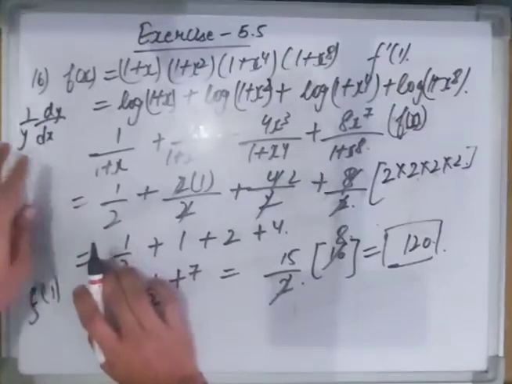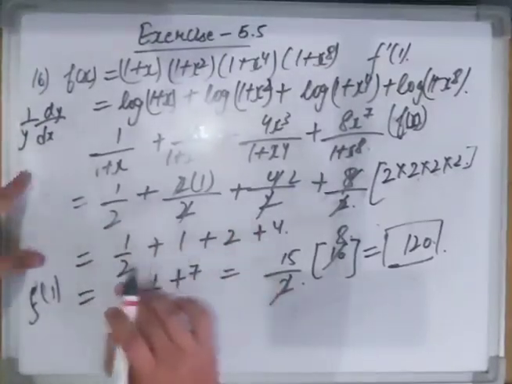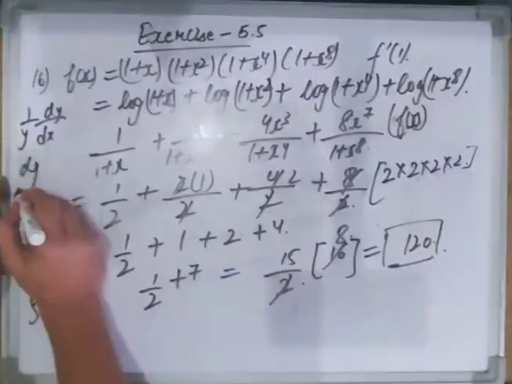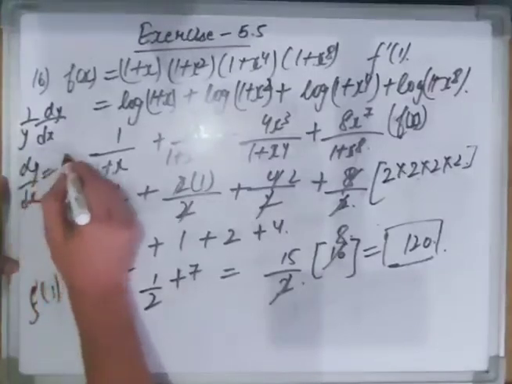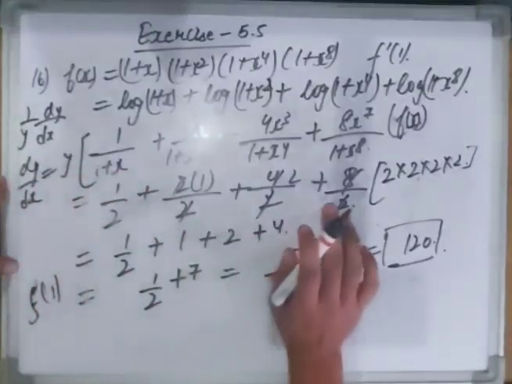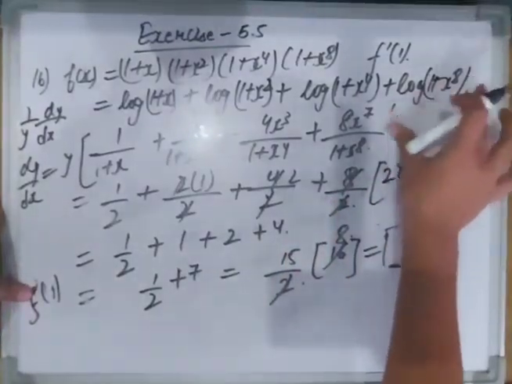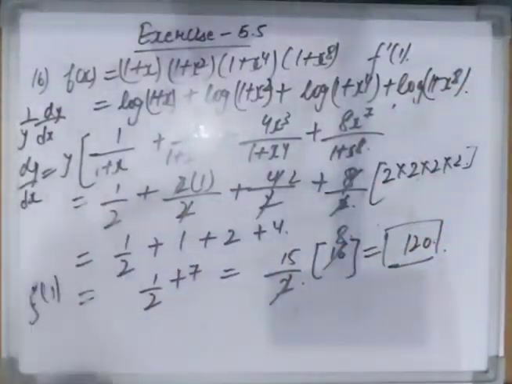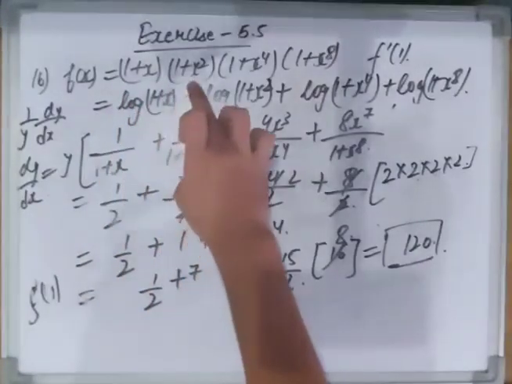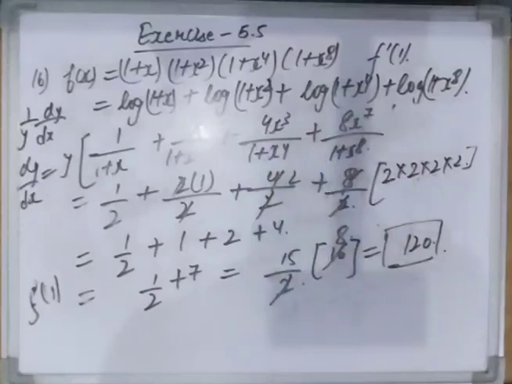After solving this question we have dy by dx equals y times the derivative of the log, and the value of y is this complete function, (1 plus x)(1 plus x squared) and so on.